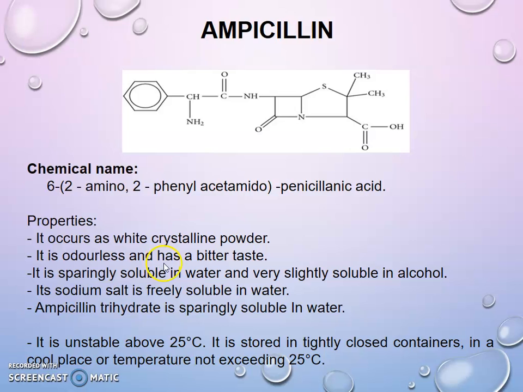It is odorless and has a bitter taste. It is sparingly soluble in water and very slightly soluble in alcohol. Its sodium salt is freely soluble in water. Ampicillin trihydrate is sparingly soluble in water. It is unstable above 25 degrees Celsius. It is stored in a tightly closed container in a cool place at a temperature not exceeding 25 degrees Celsius.